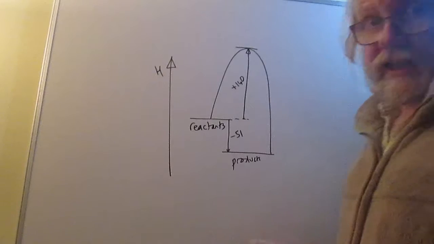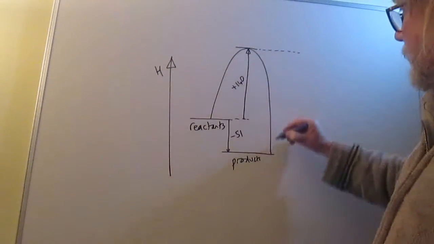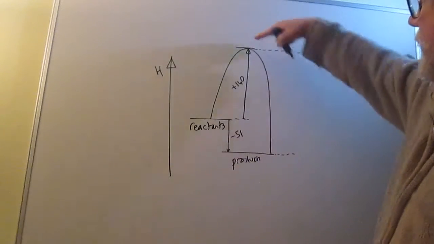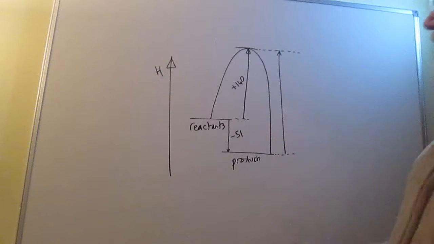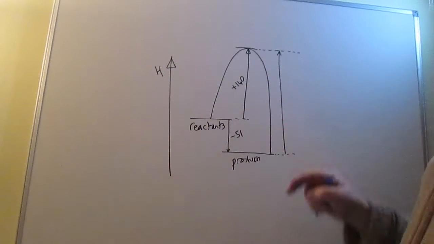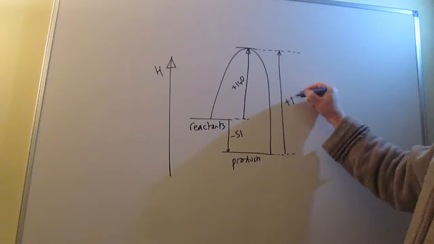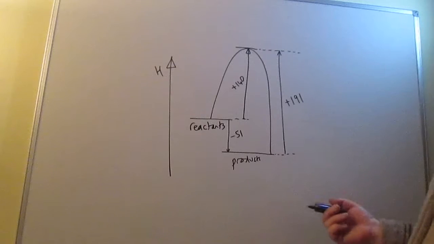And it says what's the activation energy for the reverse reaction? And obviously what that corresponds to is the distance from the product back up to the top of the hill, so it's that. And the reason I've sketched the diagram is that it's very obvious from the diagram that it's 140 plus 51 is plus 191 kilojoules per mole, and therefore the answer is B.